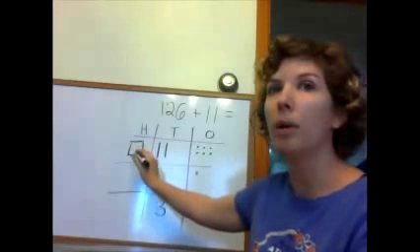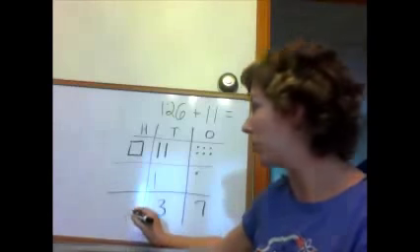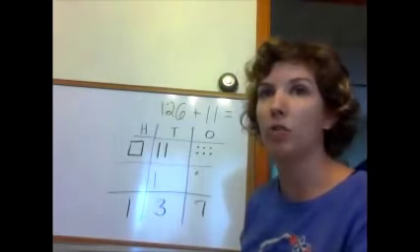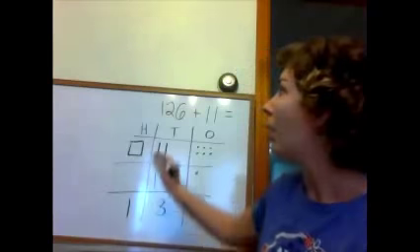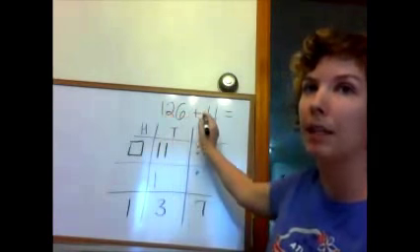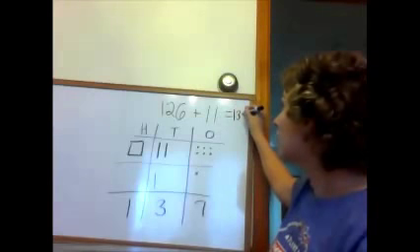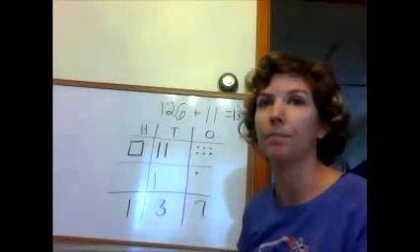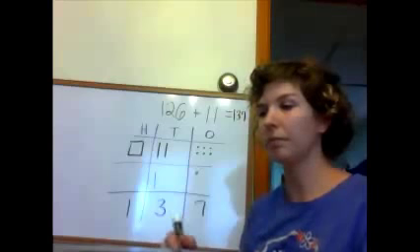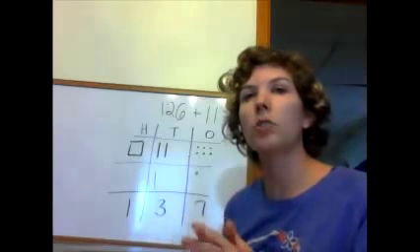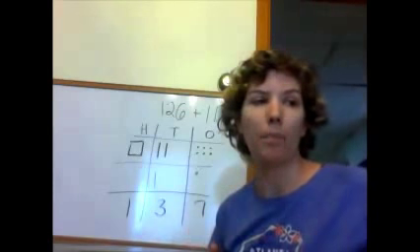I see 100 pad all the way down, so that is 100. So the sum of 126 plus 11 equals 137. So that's just one way that we do it.